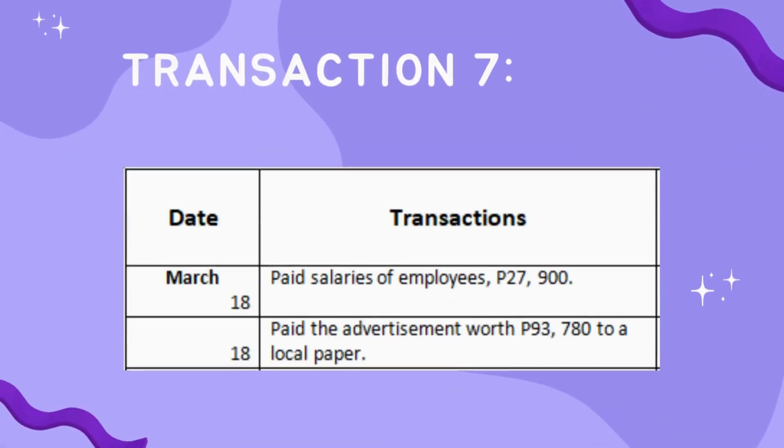Transaction 7, March 18. There are 2 transactions made on March 18, so let's start with the first one. Paid salaries of employees worth 27,900 pesos, and the account affected in debit is salaries expense, and for credit the account affected is cash.